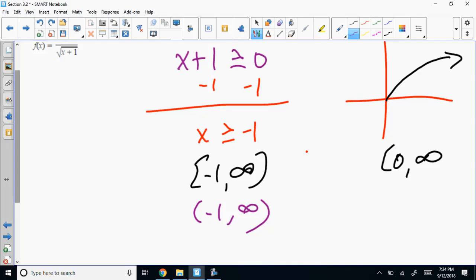That's right. But look where this square root is. It's down in the what? No, it's down in the denominator. And you got a variable in the denominator. Anytime you have a variable in the denominator, you know that there's restrictions, right? Places that are going to cause it not to exist. Negative 1 would make it not exist because the square root of 0 is 0 in the denominator.